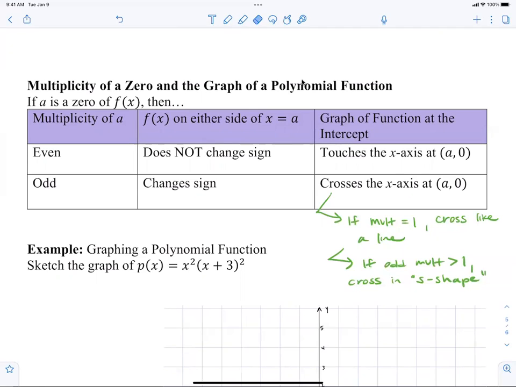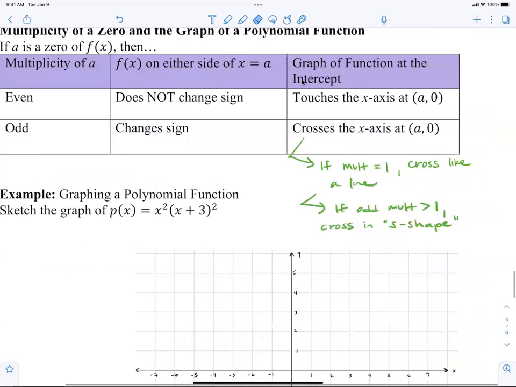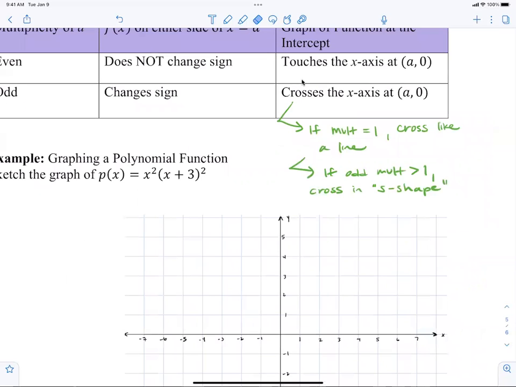As long as I can tell there was an attempt at an S shape, you're fine. As long as it doesn't look like a line crossing through. Yeah, I'm not going to distinguish too much between a multiplicity of 3 and 5. If this was a multiplicity of 5, it should be flatter. No, I won't do that.